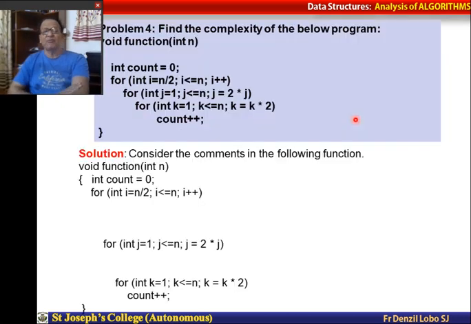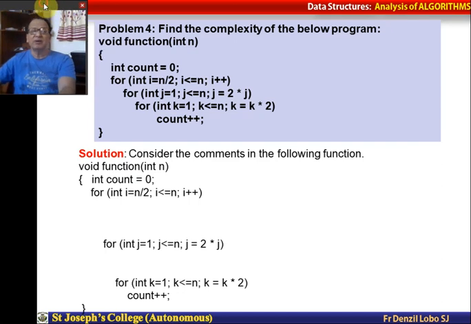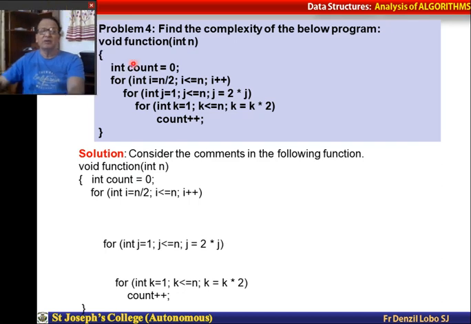Come to problem 4. Find the complexity of the function below. So void function of n. Again, count is equal to 0. For i is equal to n by 2 going up to n, i plus plus.